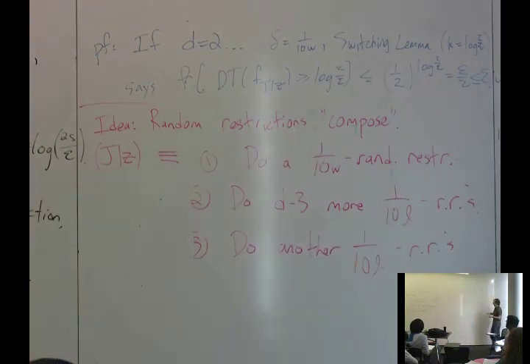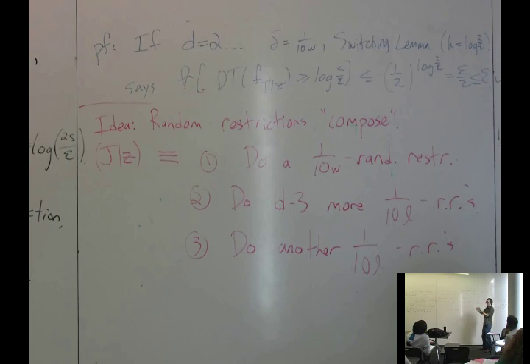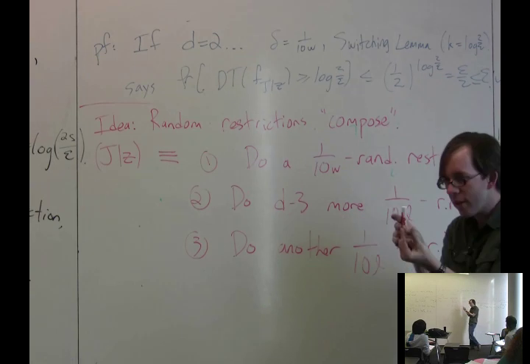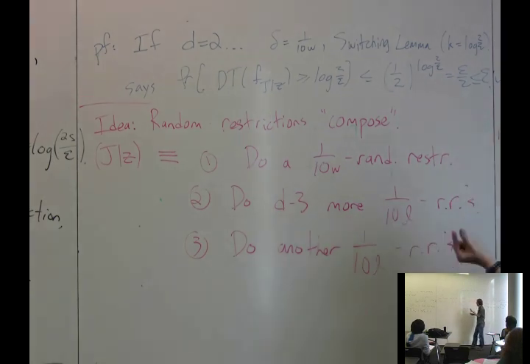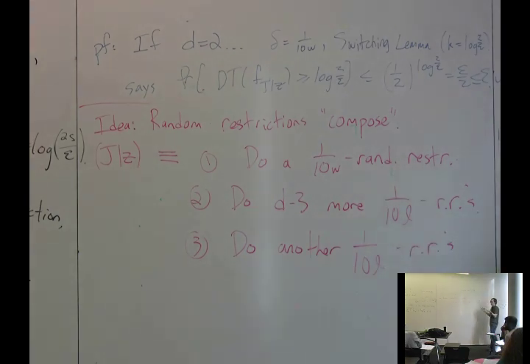And the reason is, what happens if you do all of these steps? You go through each coordinate, with probability 1 over 10W you leave it free. And then you fix the rest to be plus or minus 1. Now, when you do another random restriction, you're just going over the free coordinates. They're the only unset ones. And you set each one of those to still be free with this probability, 1 over 10L. And the rest are plus or minus 1.